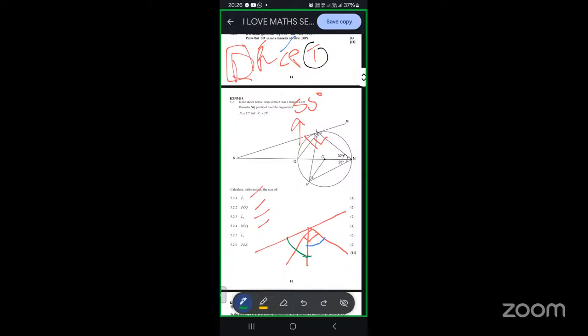Instead, you should have subtracted this black part here from 90 to only get that blue part there. I'm not sure if you get your mistake. Yes, sir. I see. Are you sure? Yes, sir. I added R1 there. Yes, that was your mistake.